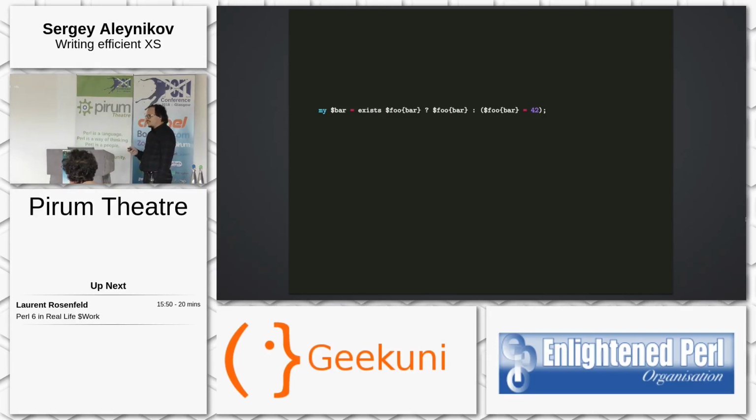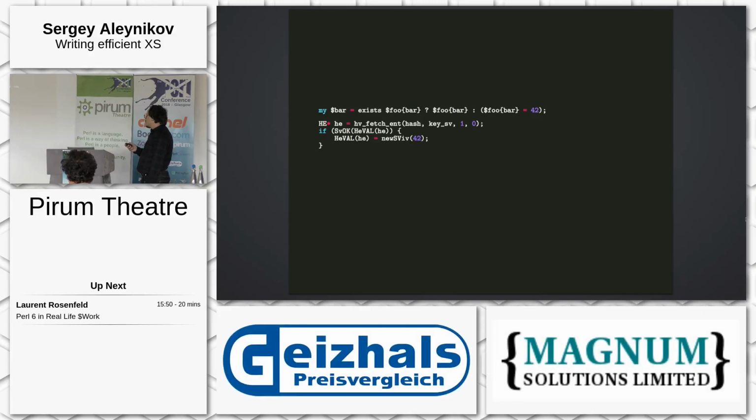So how to do this efficiently using just one hash lookup? You can write this code. Again, the default Perl interface for accessing hashes using scalar value keys is this, with the _ent suffix and key here, and it returns a hash entry.